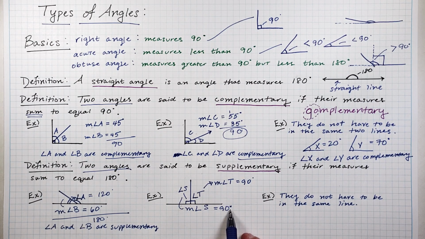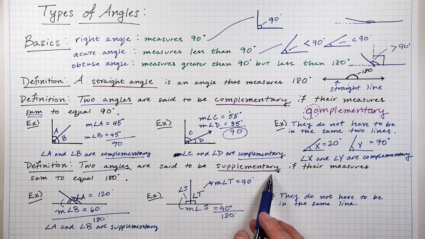Well, what's 90 degrees plus 90 degrees? 90 plus 90 is 180 degrees. So what we can say here is we have supplementary angles. These two angles, S and T, are supplementary because they add to be 180.